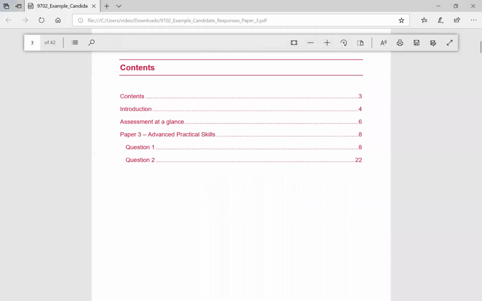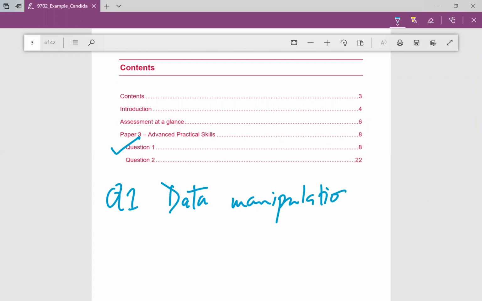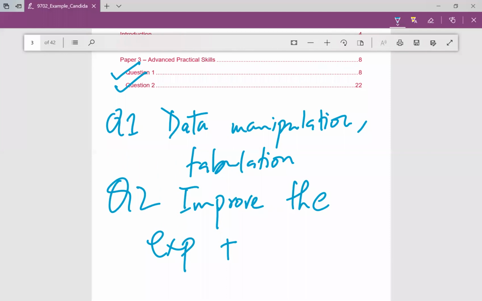Question number 1 generally is about data manipulation and tabulation, and question number 2 generally is about looking at a certain experiment and seeing how we could improve the experiment, plus looking at certain aspects like sig figs.